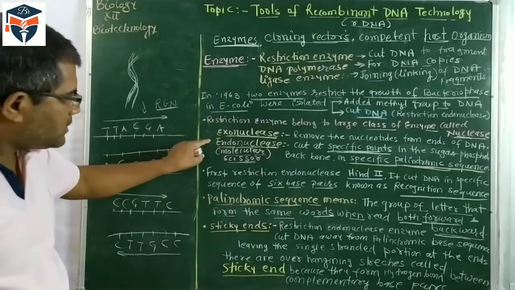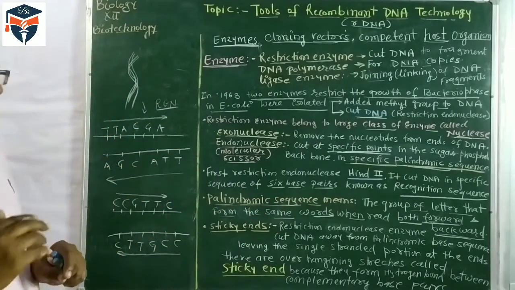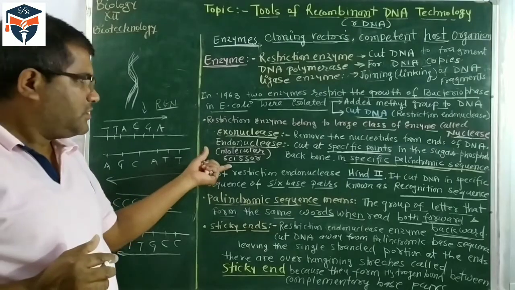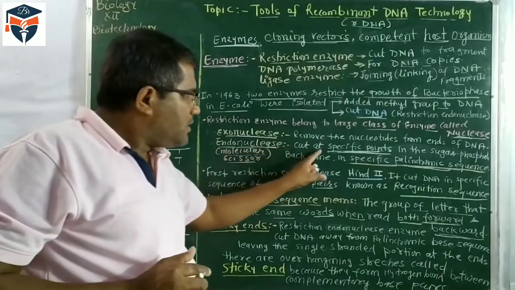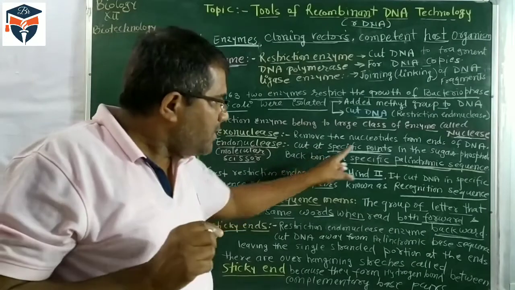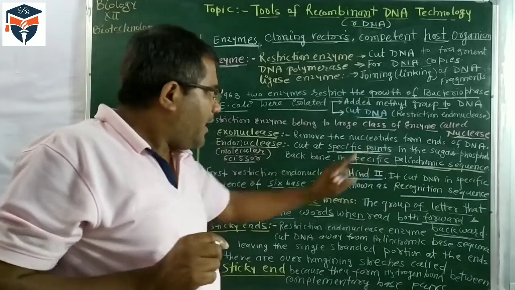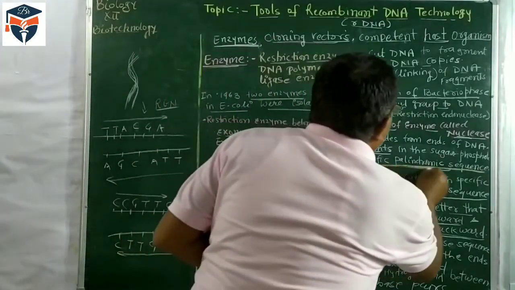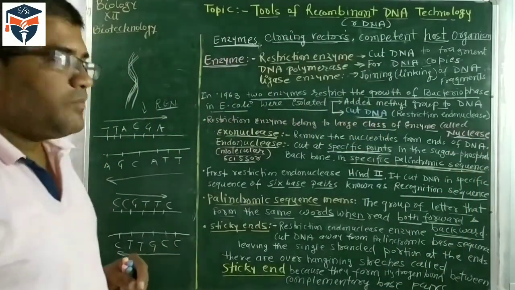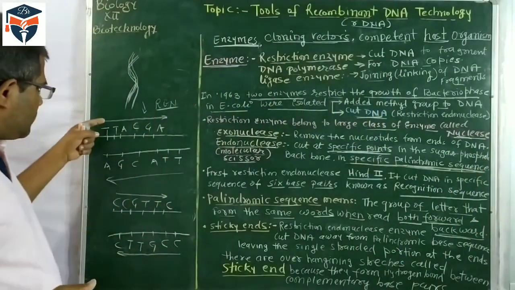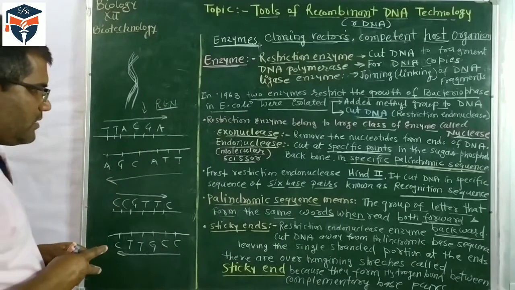So restriction endonuclease enzyme is called the molecular scissors because it cuts the DNA at a specific point and in a specific palindromic sequence. It means the sequence of the nitrogenous bases forward and backward are the same.